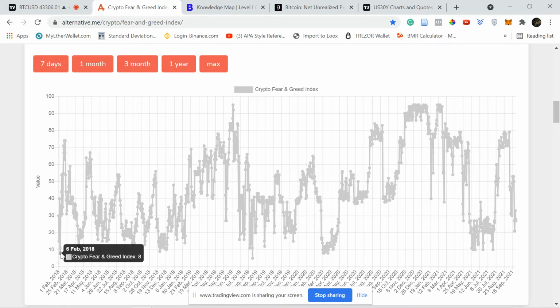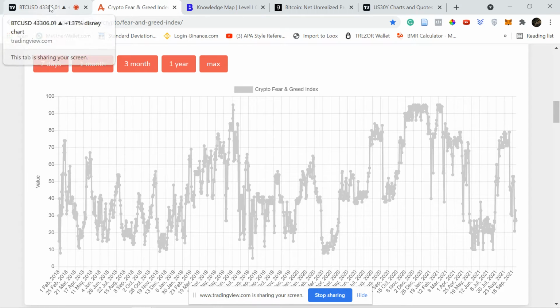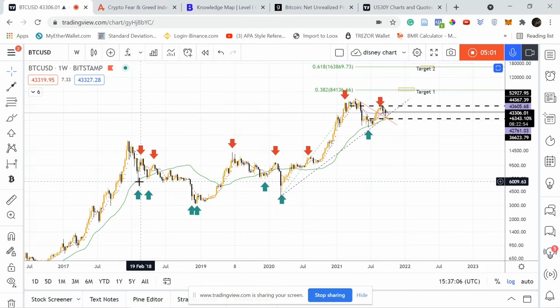It's here. The index was below 10, one of the lowest points ever. And what did we record? A really long wick, a pin candle, and then a rally.